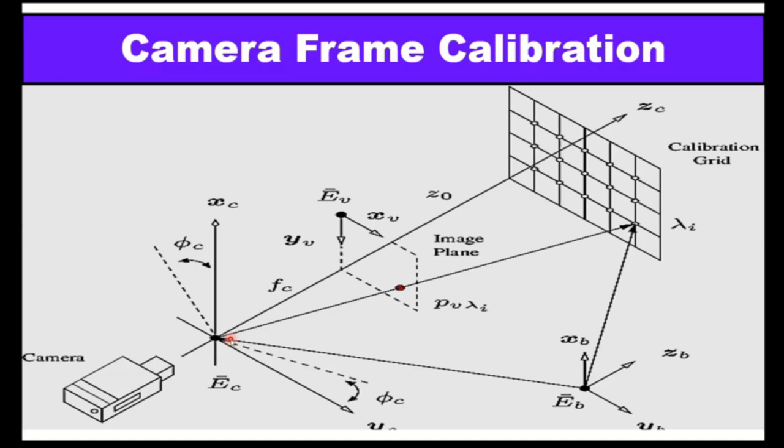Another part, we are capturing that image not only just for seeing, we have to perform measurements also. So to perform these measurements, you can provide a calibration grid. Calibration grids can be internal or external.